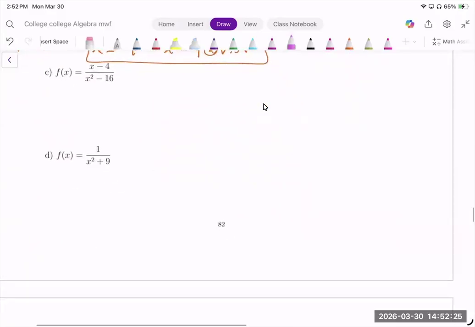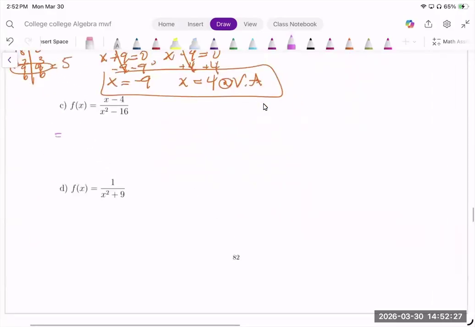Okay, so for C, this is x minus 4 over x plus 4 times x minus 4, because that's the difference of squares, x squared minus 16. These factor out, so this really gets graphed like x plus 4.